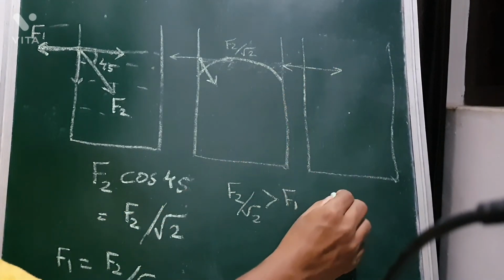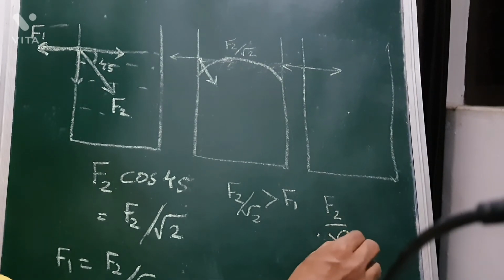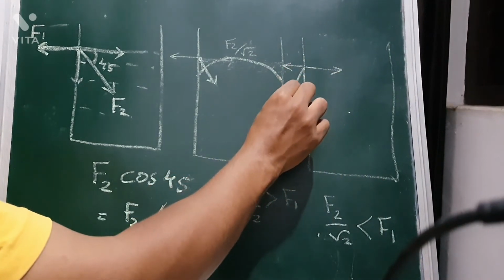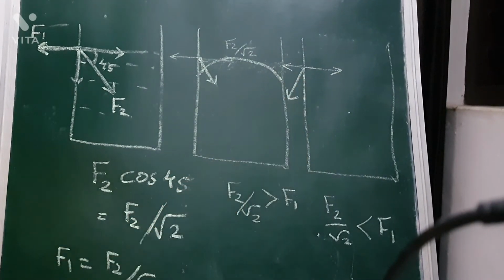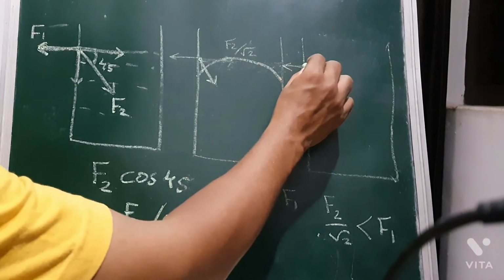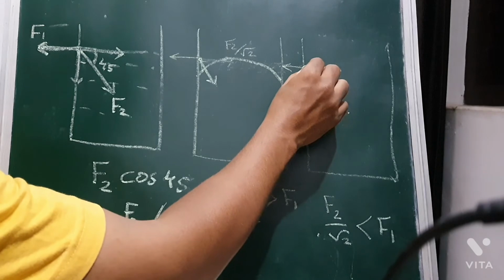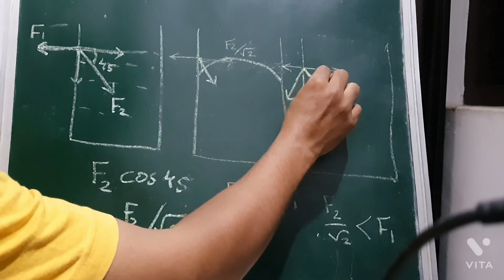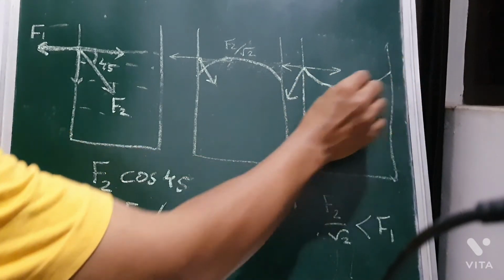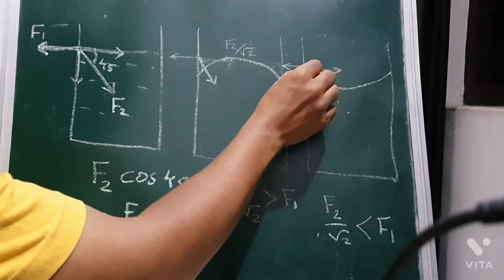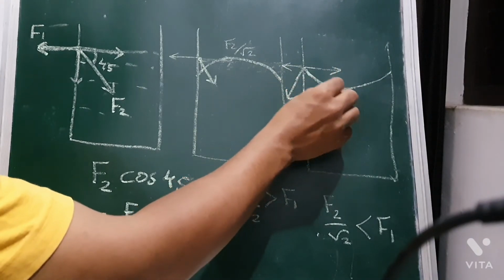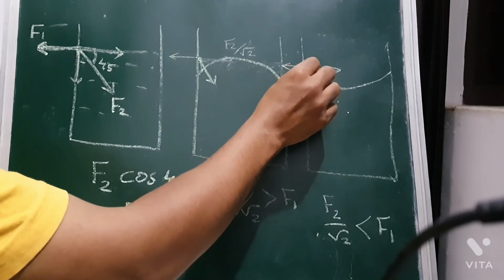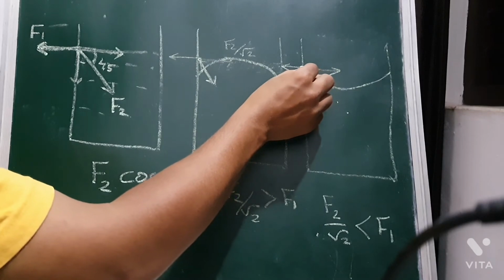Now suppose this F2/√2 is less than F1, then the resultant force will be acting in this direction. So the molecule here is attracted towards this direction, but in that case what will happen? The meniscus, instead of inward, will have the attraction in the outward direction. So this molecule will come up a little from its normal position, because the force is acting in the outward direction.